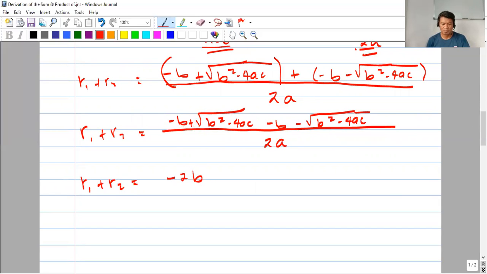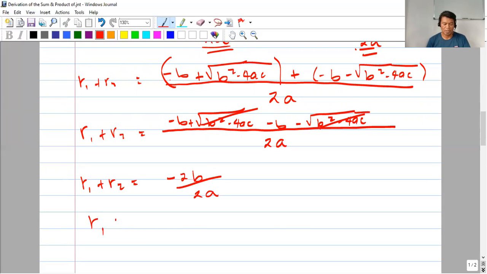And this is similar to this because they have the same index and the same radicand, but they have opposite signs. So we can cancel. What is left is negative 2b over 2a.